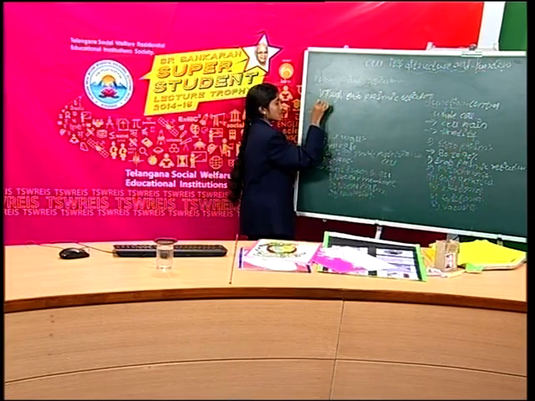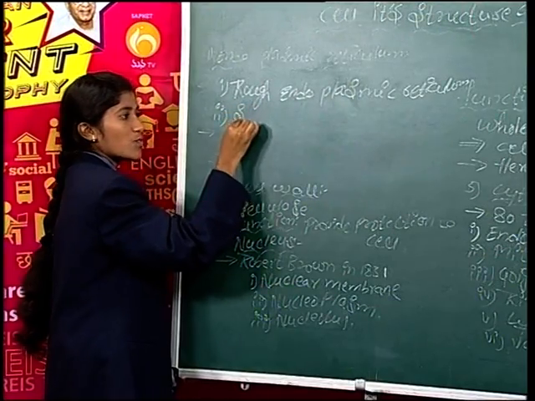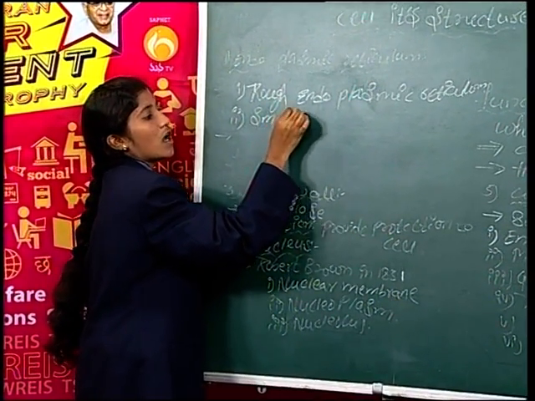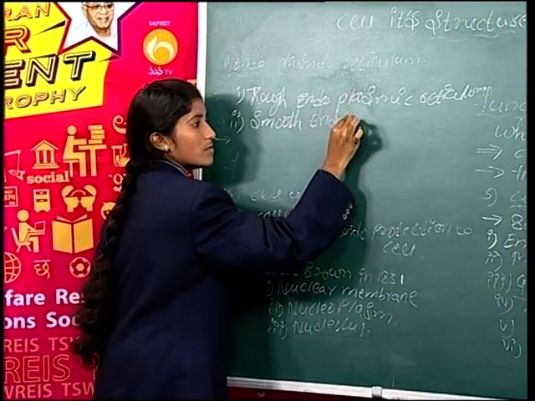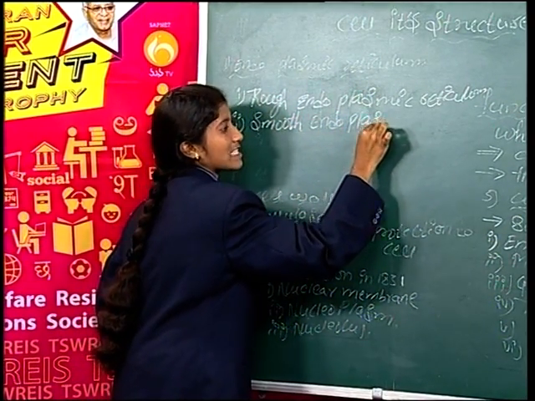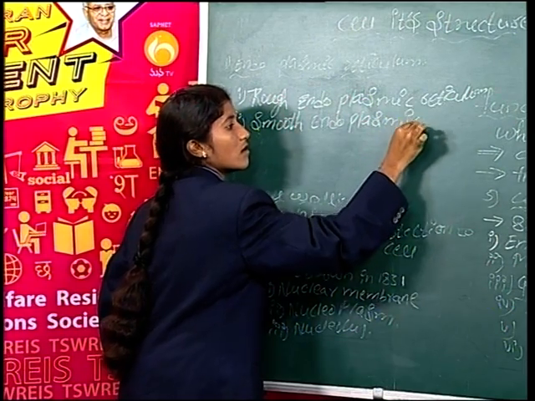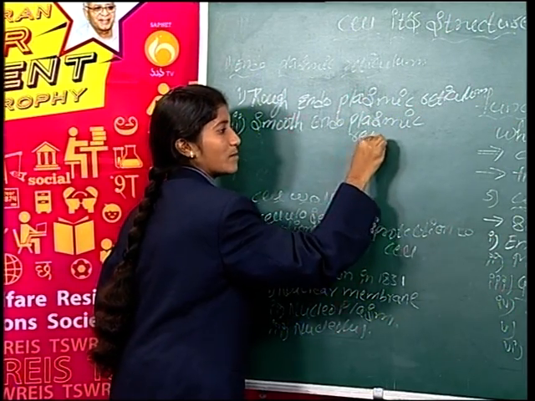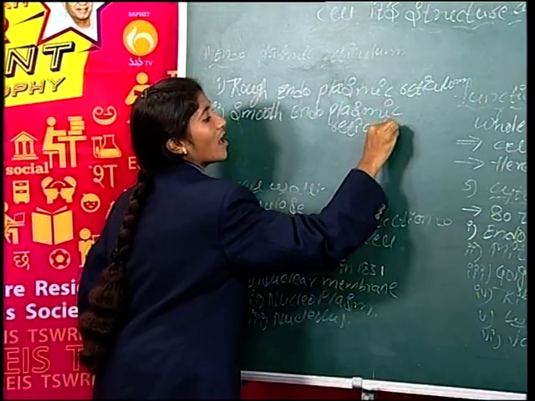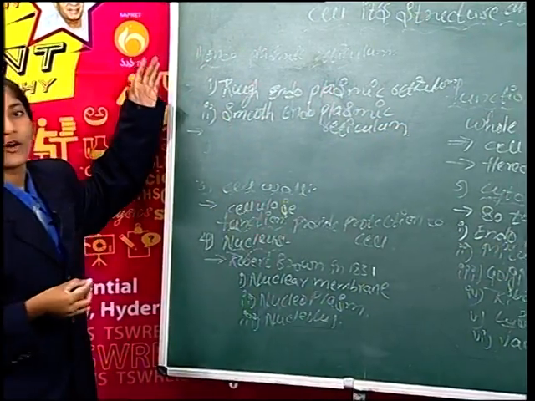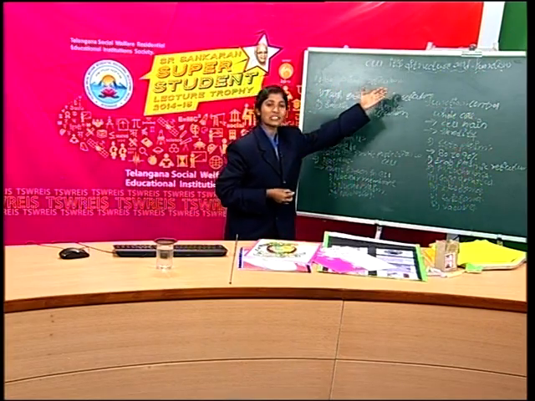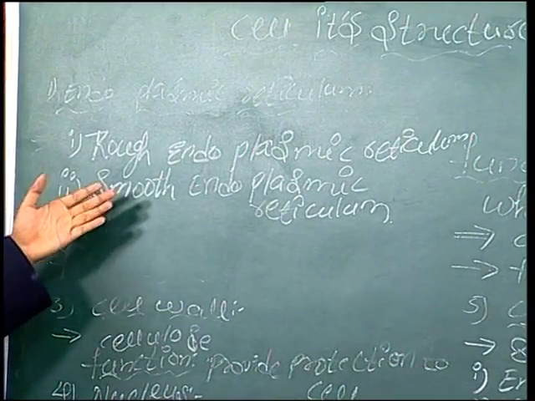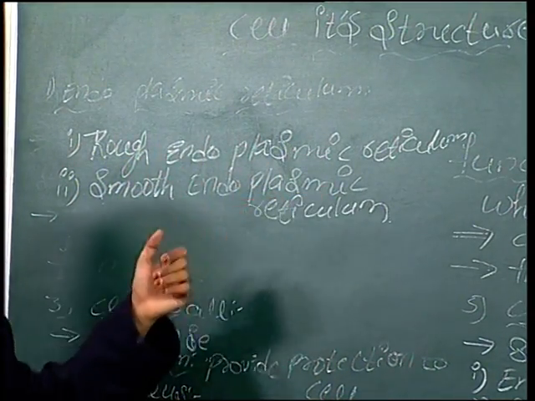Second one is smooth endoplasmic reticulum. Okay? Endoplasmic reticulums are two types. First one is rough endoplasmic reticulum. Second one is smooth endoplasmic reticulum.